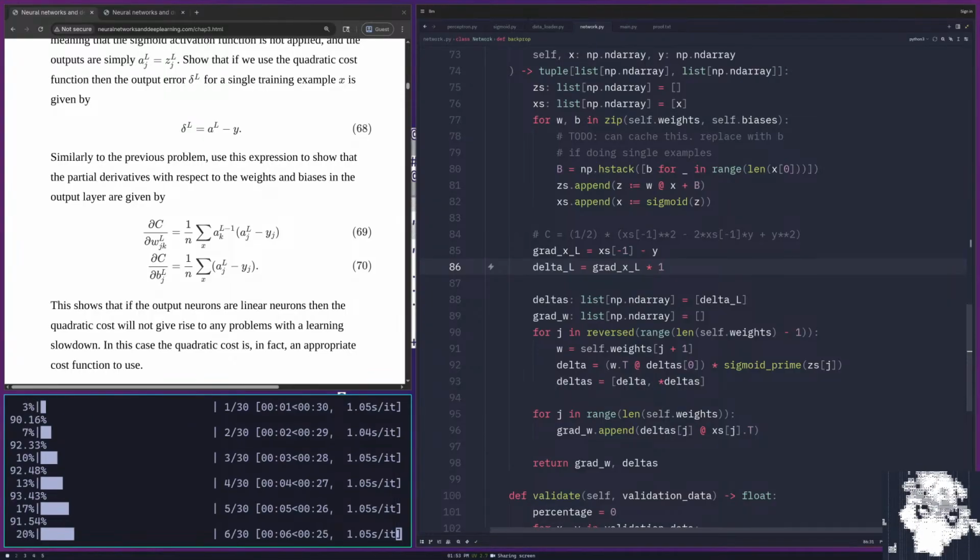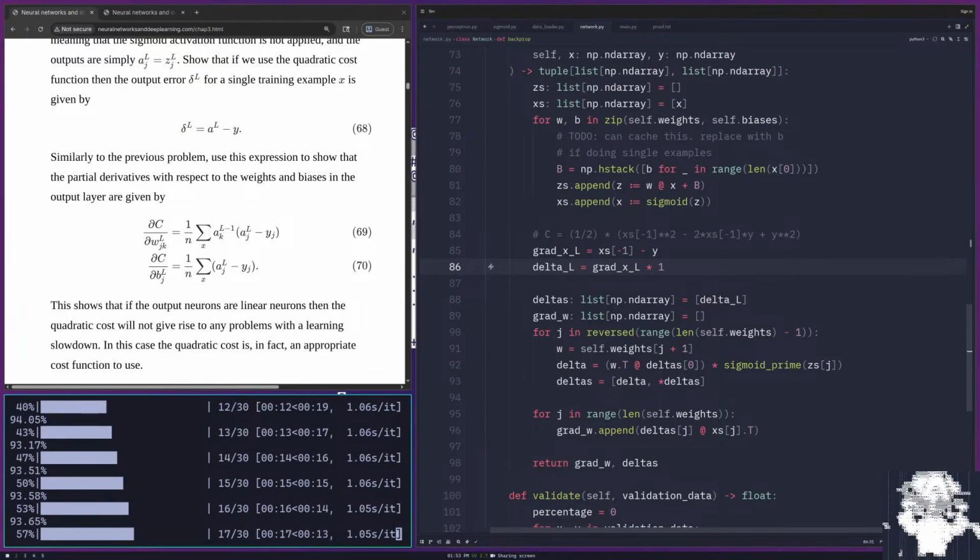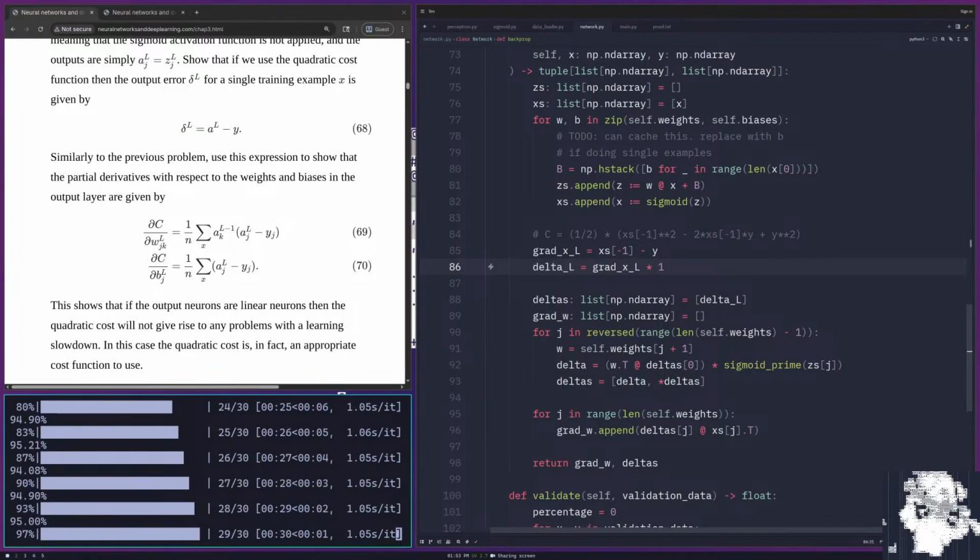Yeah, that seems to work okay. It's maybe marginally worse than before. No, it's about the same. 95%, that's about the same as before.